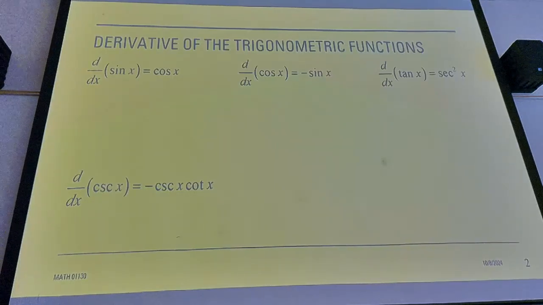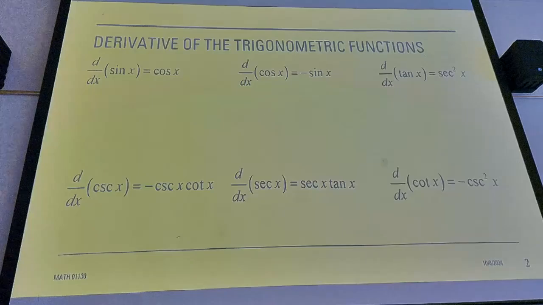This can be found either quotient rule or chain rule. Derivative of secant is secant tangent. Again, either quotient or chain. Finally, derivative of cotangent is negative cosecant squared, found using quotient rule.